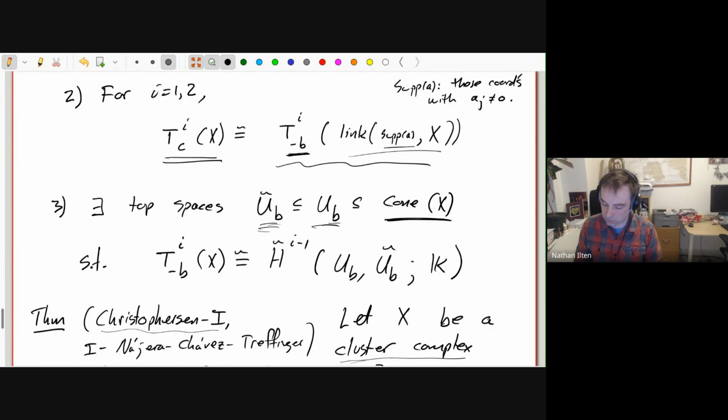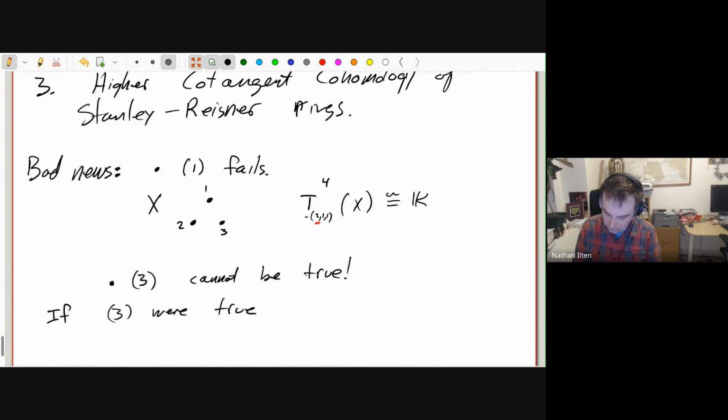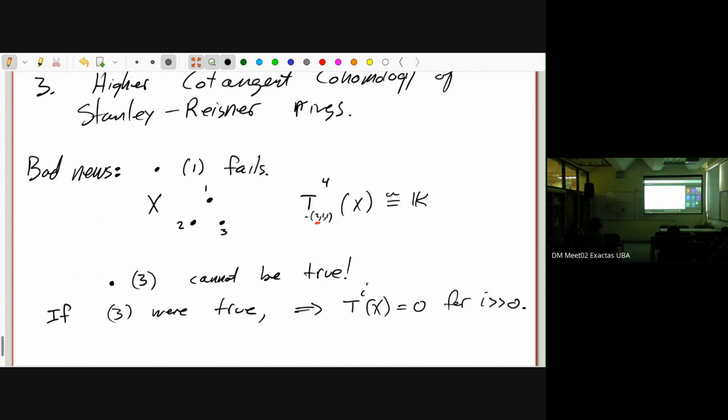But these topological spaces are always living in this fixed space, which is the cone of X. And so that means that if I look at really high cohomological indices, for a fixed simplicial complex X, these relative cohomology groups would have to vanish. And so if 3 were true, this would imply that Ti of X is equal to 0 for i sufficiently large. And this is simply not true.